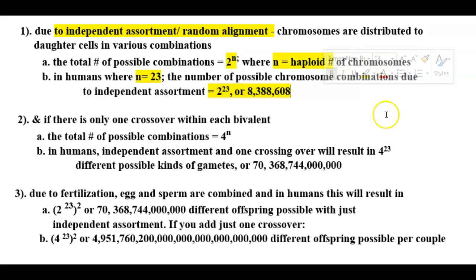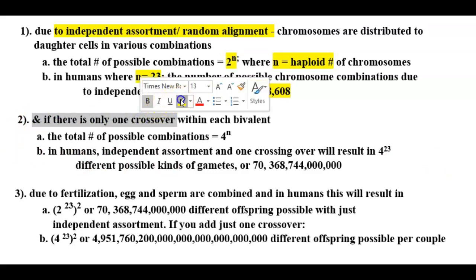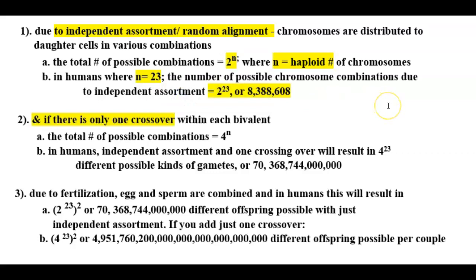But we know there are two ways to get variation. Crossing over. Let's just say there's only one crossover. The total number of possible combinations is 4 to the n.